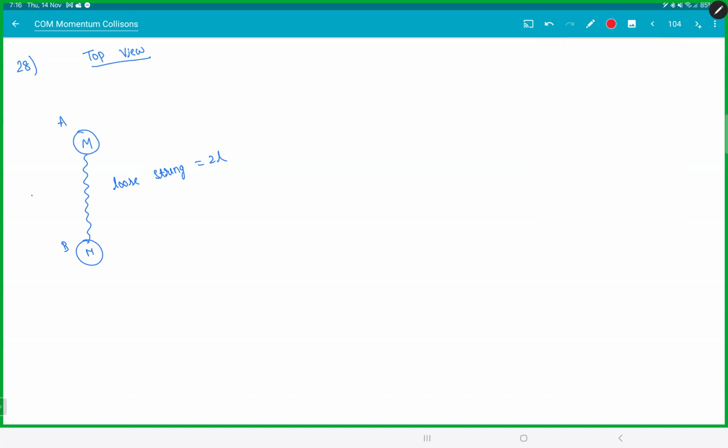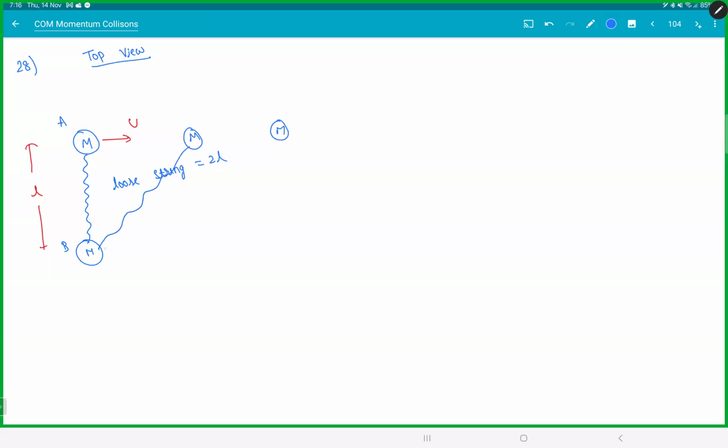The distance between them is L. Are you getting the picture? So two balls are connected by a string of length 12, but you kept them at a distance of L. And now you kicked the ball A with speed U. So what do you think will happen?